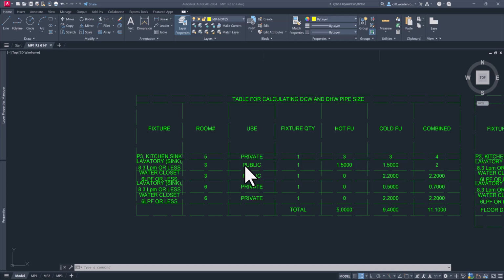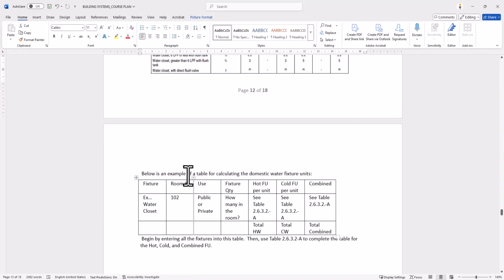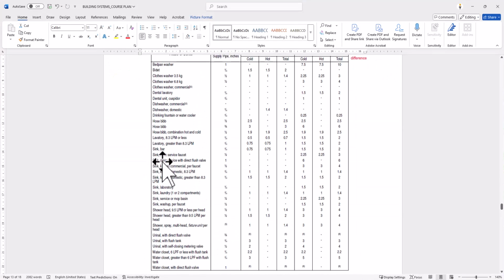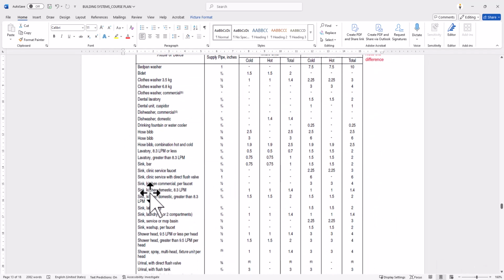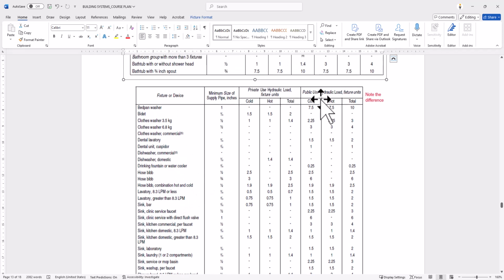So let's just do the kitchen sink as an example. Here I've got several sink types. Now it's up to you what you want to choose. There isn't, I would say, a wrong answer. What I've done is I've labeled that sink as public use, so it's going to create more water amount.